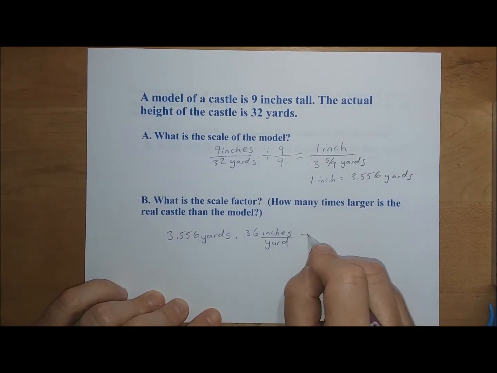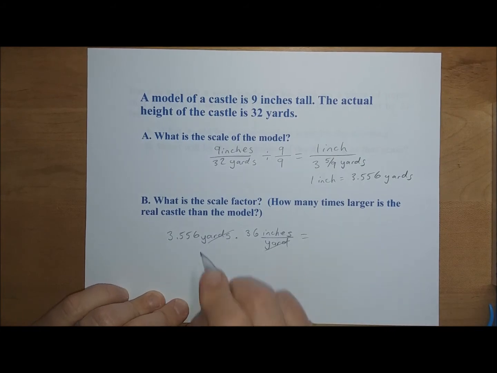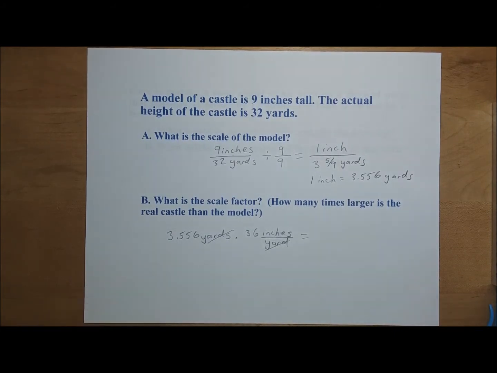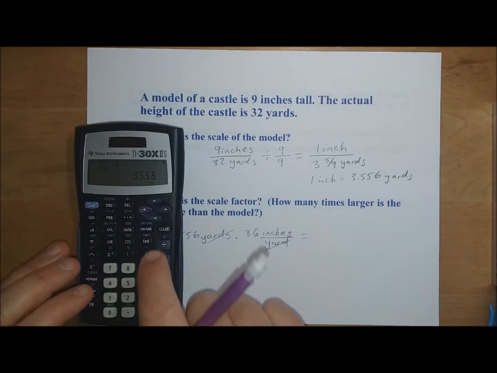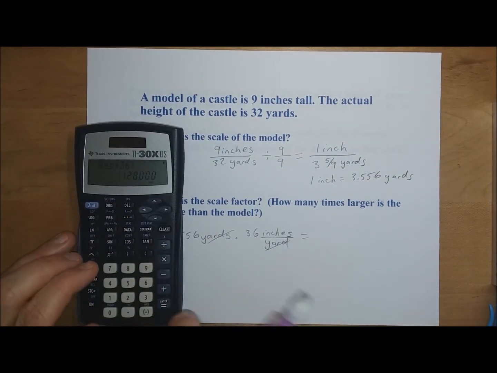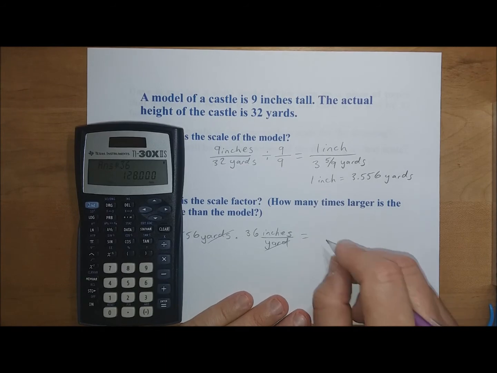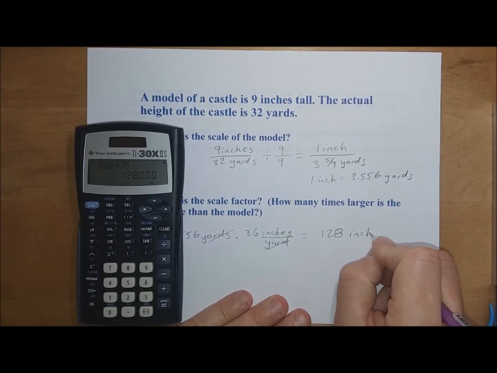And when we're done, the yards will cancel and I'll have inches so that I can compare inches to inches. All right, what's 3.556 times 36? And that gives me conveniently exactly 128 inches.